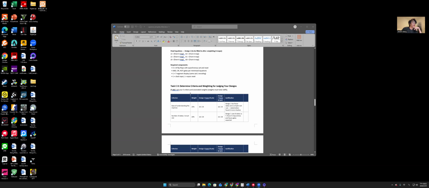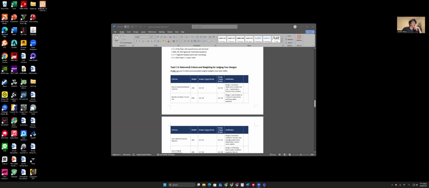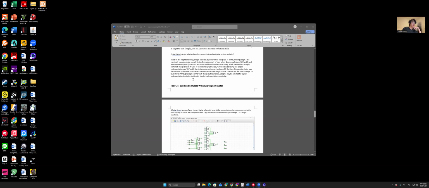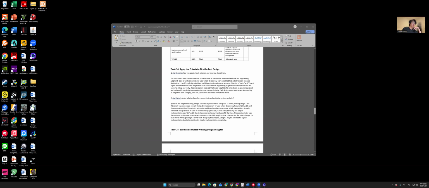Speaking of this, I have to show you the scoring table, the weighting criteria. What I'm trying to say is design 2 scored slightly higher than design 1 because it has better recovery features and is more realistic.